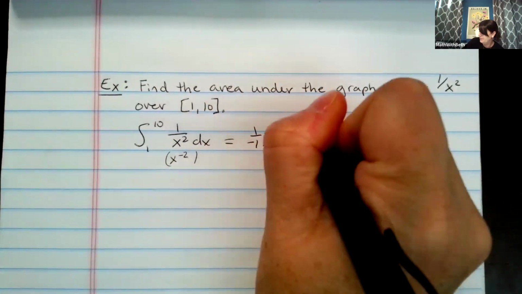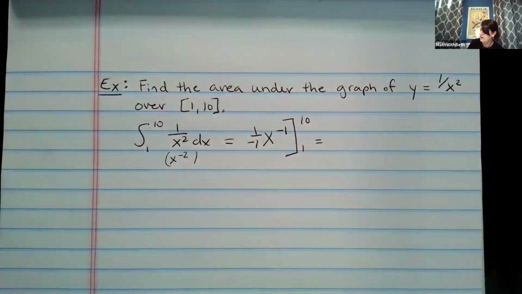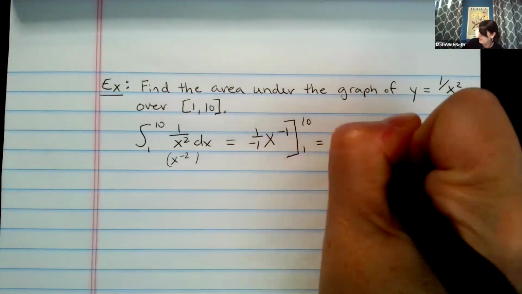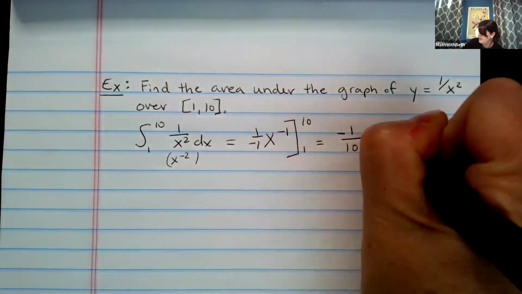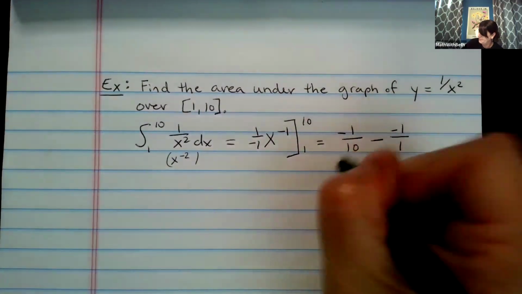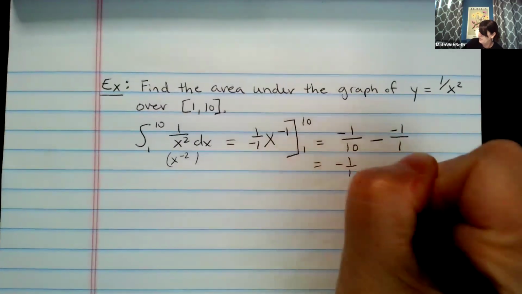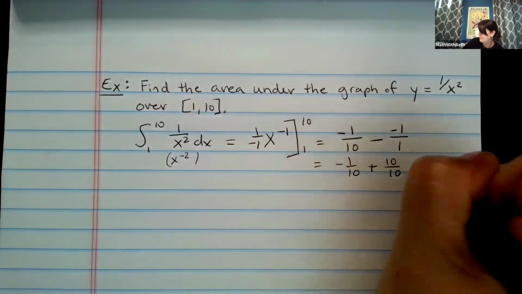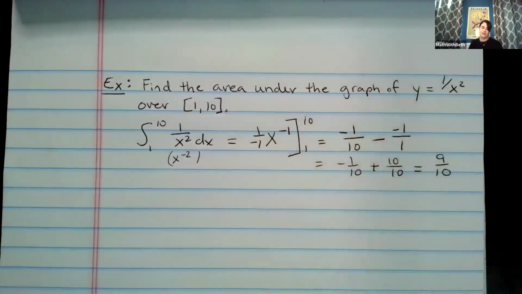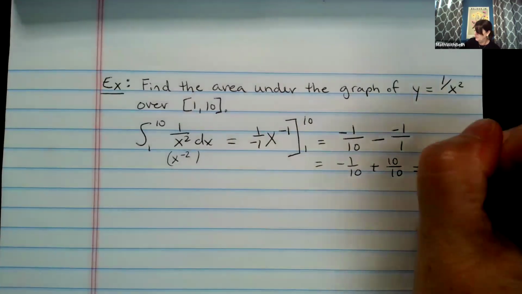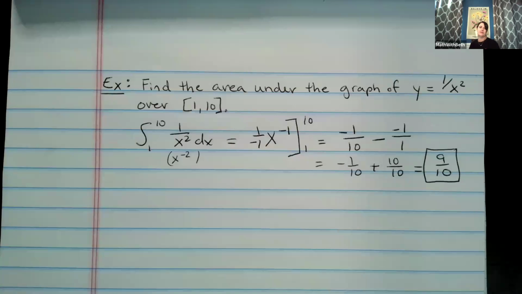But now we need to plug in 10 and 1. So basically that's like -1 over 10 minus -1 over 1. So -1/10 plus 1, which equals 9/10. So 0.9 or 9/10 would be our answer.